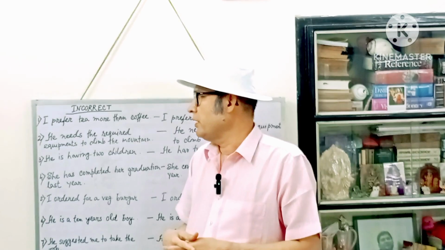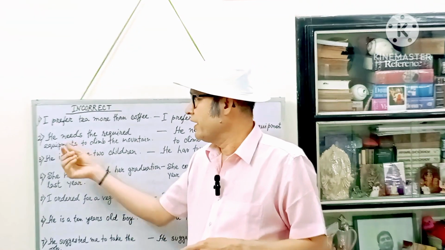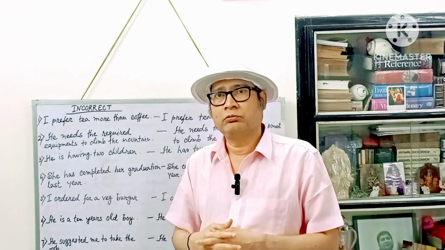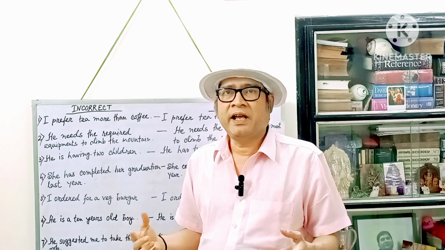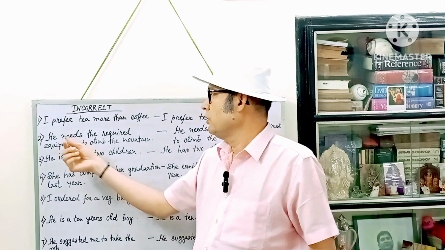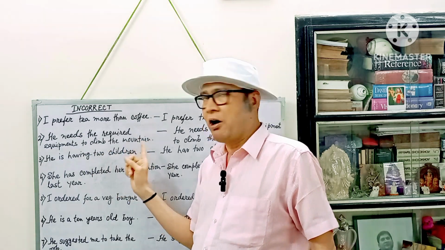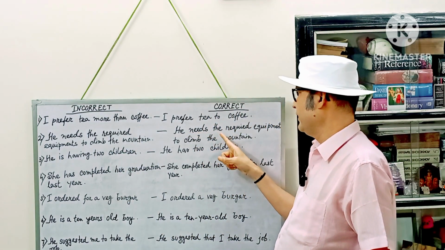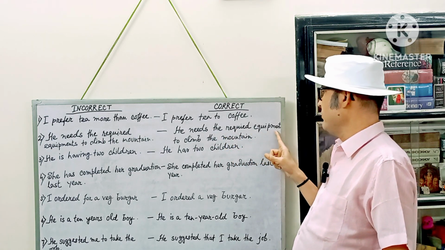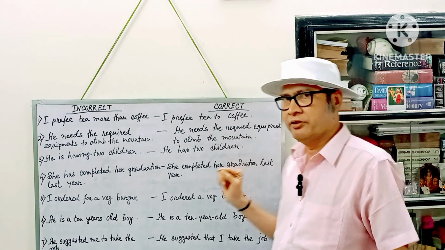Because equipment, according to Oxford, is never a countable noun. So do not say, I want to buy some equipments. Simply say, I want to buy some equipment. He needs the required equipment, no s, to climb the mountain.